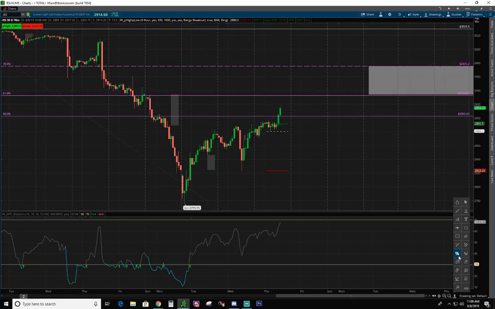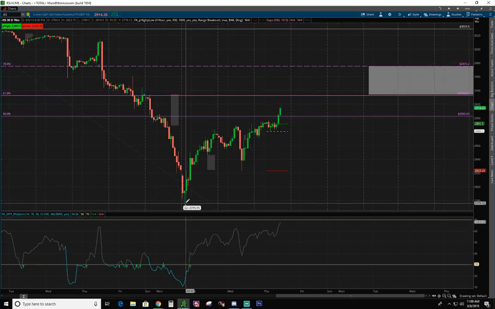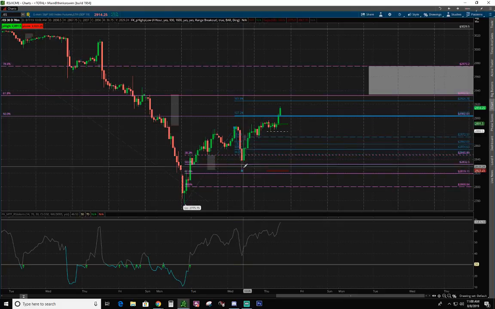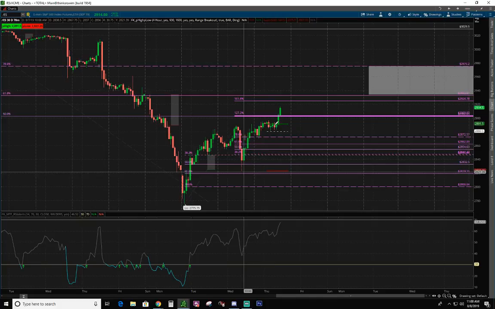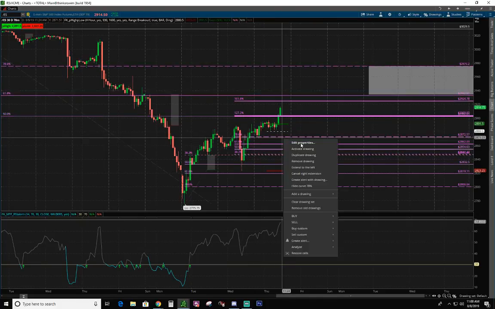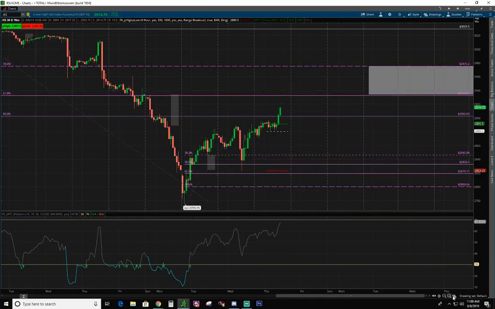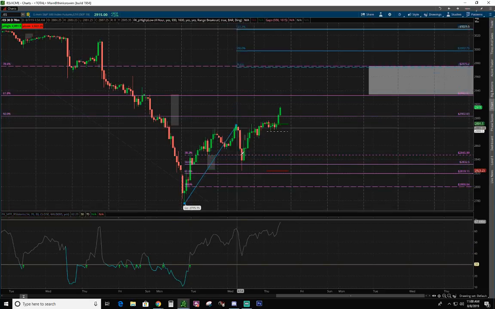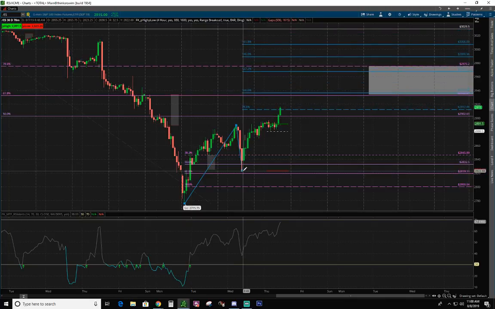Look at this. Want to see something? Low, high, bam, right into that zone. We hit the 1272 and we ripped. So what should we do next? Take our extension tool, go 1, 2, 3.